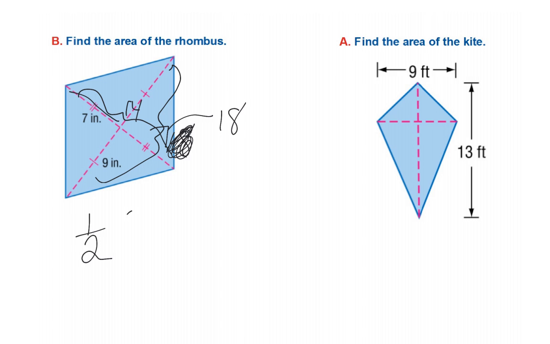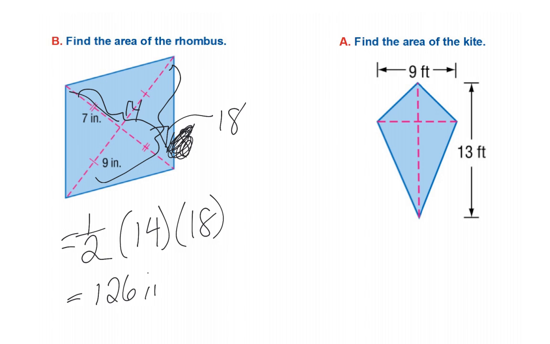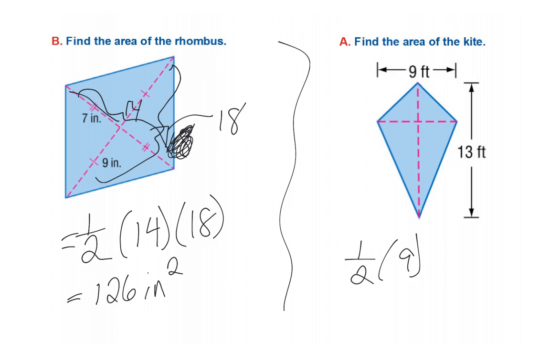It's 1/2 diagonal 1, which is 14, times diagonal 2, which is 18. This will give me an area of 126 square inches. Looking at this kite, I know it's 1/2 D1, which is 9, times D2, which is 13. This gives me an area of 58.5 square feet.